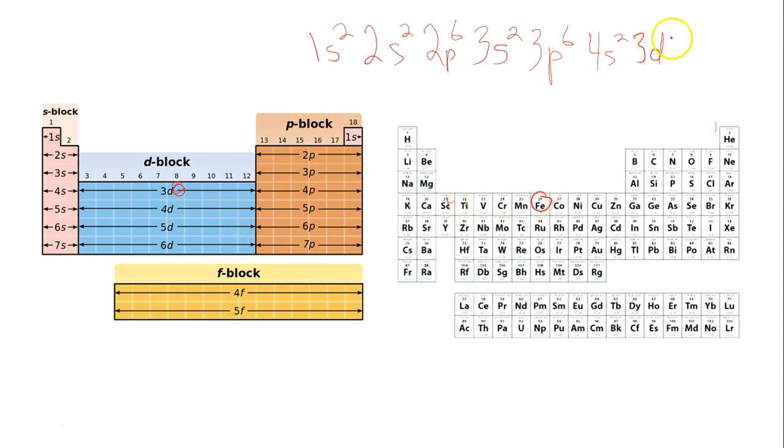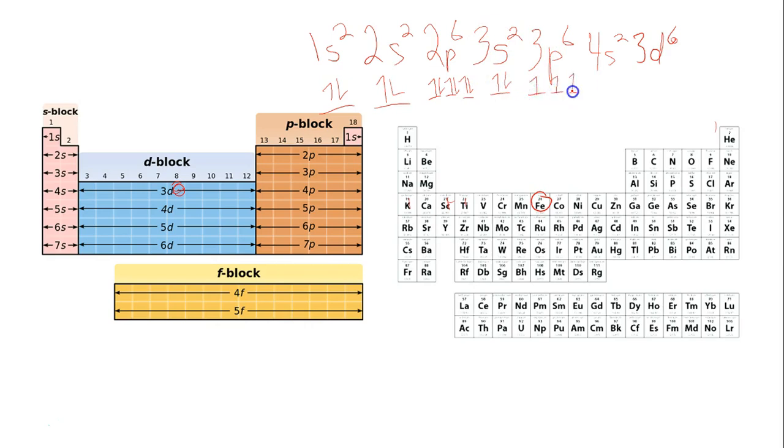If we draw the arrows, it's going to go up, down, up, down. Remember, P has 3, so it's 1, 2, 3. Go up, up, up, down, down, down. S is 1 wide, up, down. P is 3, 1, 2, 3.